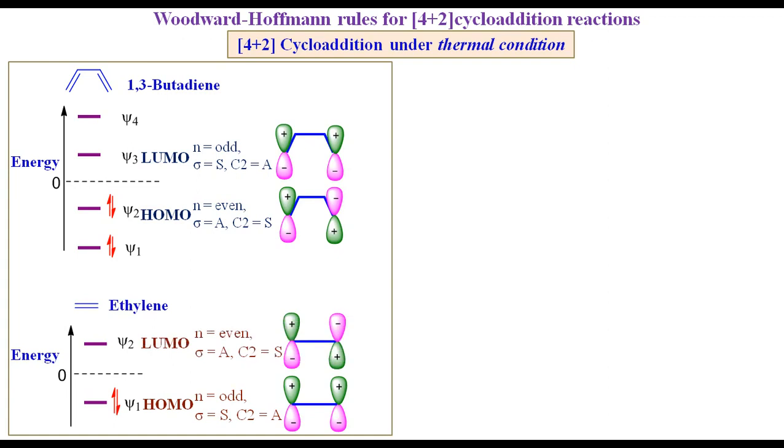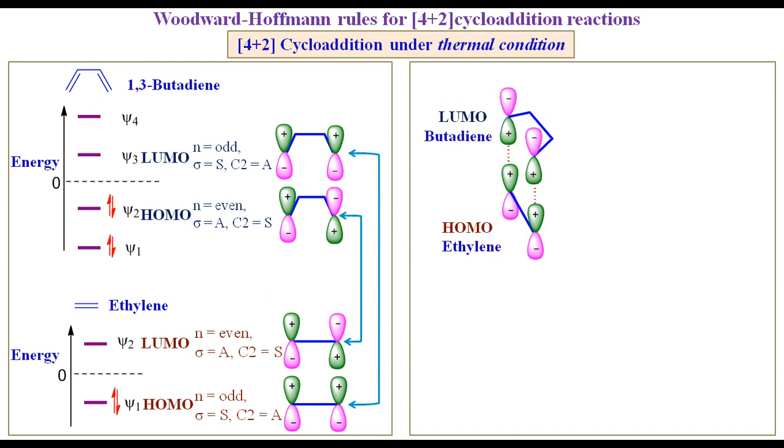If we look at the structure of HOMO and LUMO of 1,3-butadiene and ethylene, we will find that HOMO of one and LUMO of other have the same symmetry. Thus, HOMO of 1,3-butadiene can combine with the LUMO of ethylene, or HOMO of ethylene can combine with the LUMO of 1,3-butadiene in a suprafacial fashion.